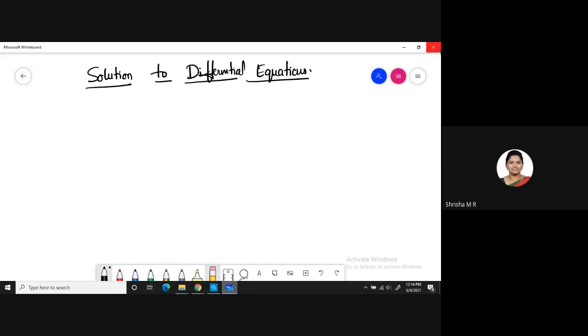So we are studying about solutions to differential equations. An LTI system is always described by linear constant coefficient differential equations, or difference equations.